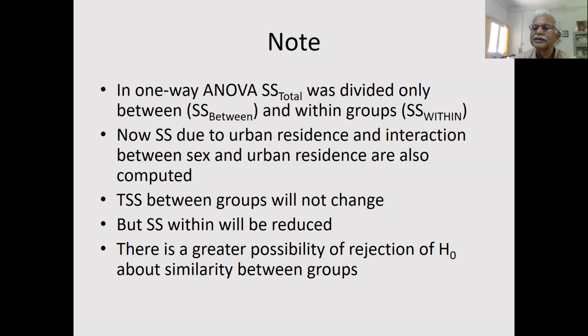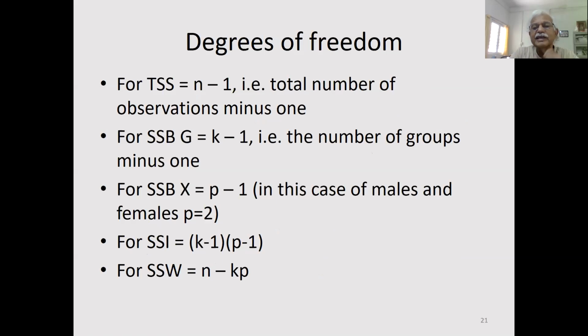Similarly, sum of square and mean sum of square of urban rural residents in one way and two way will be same. But now an additional term of interaction has been added, which also explains something. So sum of square due to error is reduced. And that is why the model becomes much more powerful. There is much higher possibility of rejection of null hypothesis now.